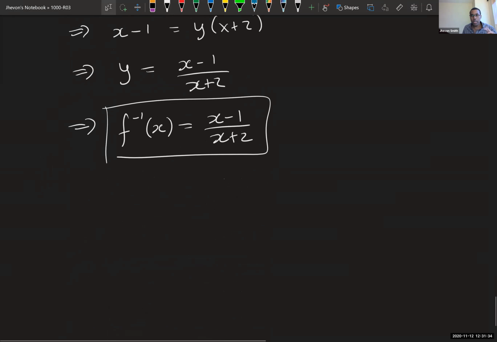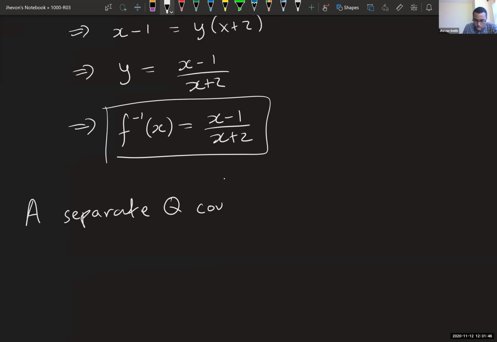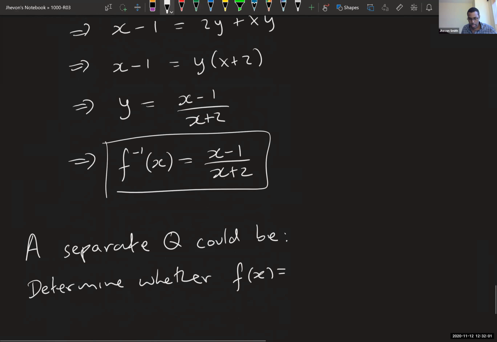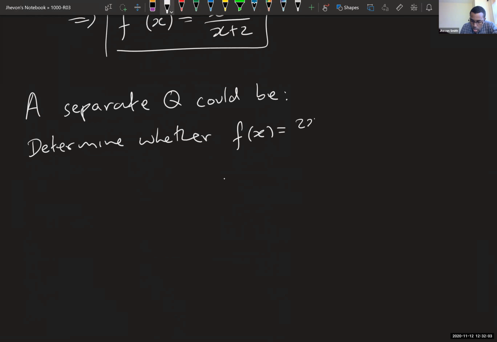Now, a separate question could be, so let me just verify that. I won't ask you to do both of these at once. A separate question could be to determine whether f of x equals the first one, (2x plus 1) over (1 minus x), and g of x, the one I just found.